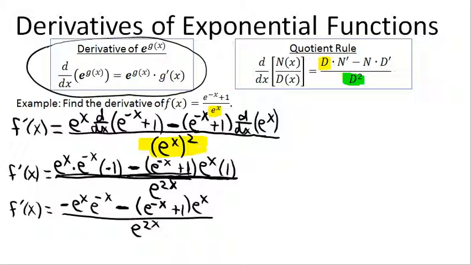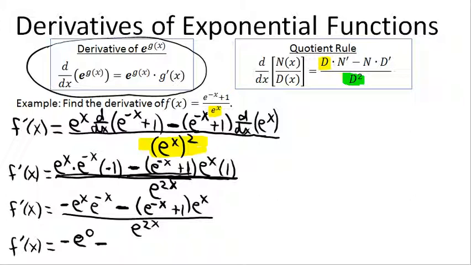Well, I guess the next thing I would do is multiply out the parentheses on the right. If I do that, I end up with f prime of x is, and well, actually, I'll go ahead and simplify the first one too. Remember, when you multiply with like bases, you add the exponents. So you really end up with a negative e to the x plus minus x. But x plus minus x is 0, so you end up with e to the 0.